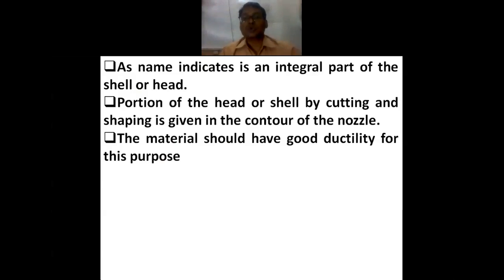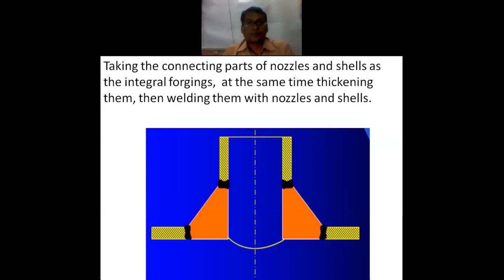The material should have good ductility for this purpose. Not only that, for the connecting part of the nozzle and the shell, integral forging can also be done.